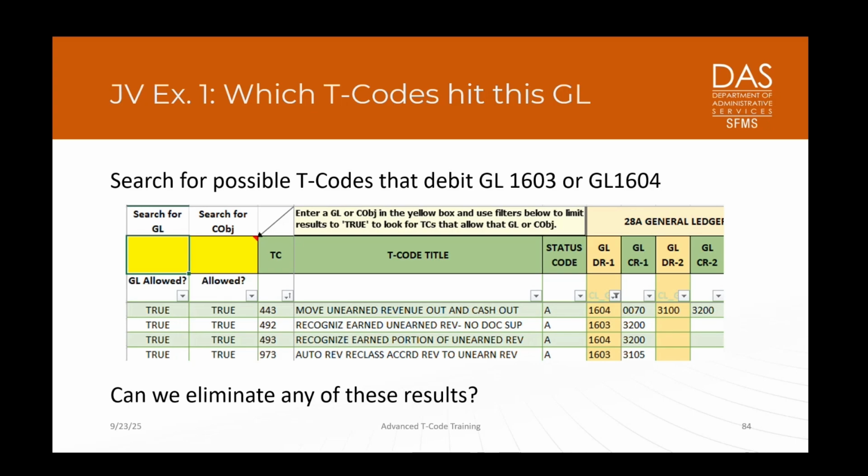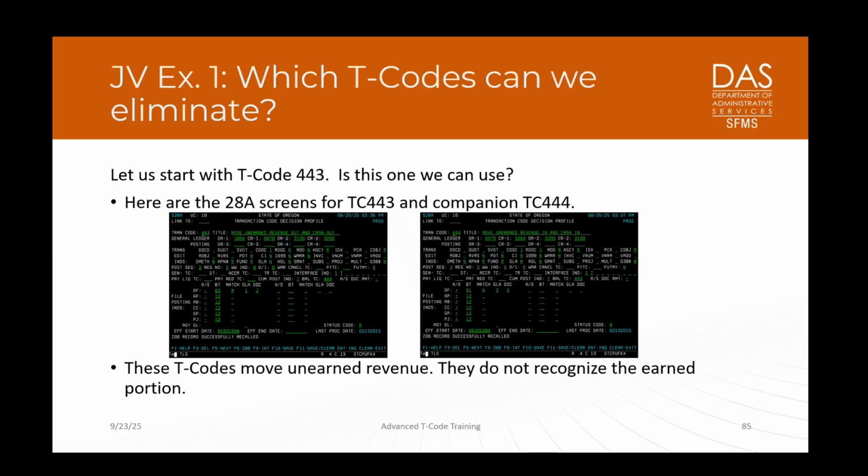So 973 auto reverse reclass accrued revenue to unearned revenue. It doesn't look like what we're looking for, so we can cross that one. And if we look at 443 and 444, T code 28A screen, these T codes are balanced T codes, so they have to post together.